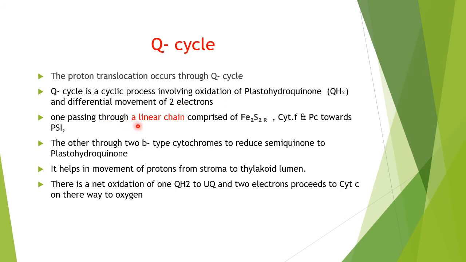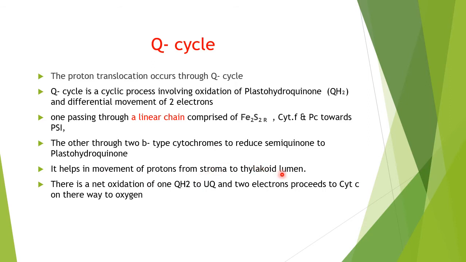One passes through a linear chain comprised of iron sulfur protein, cytochrome F, and then goes to the plastocyanin mobile carrier towards pigment system first. The other goes through two B-type cytochromes to reduce semiquinone to plastohydroquinone. It helps in movement of protons from stroma to thylakoid lumen.